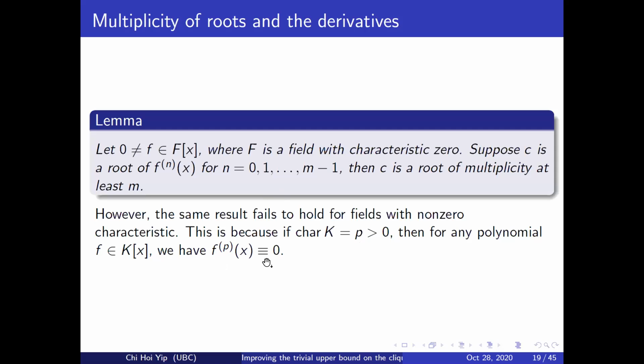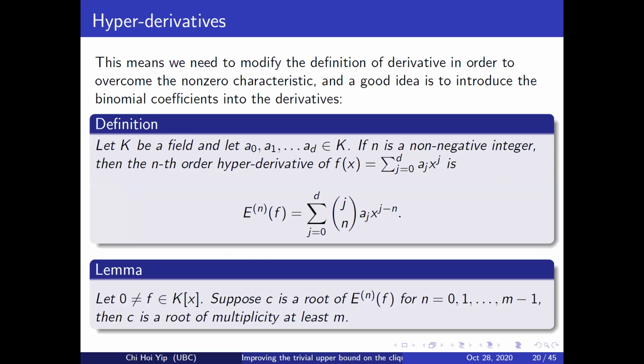So that's the issue. But this can be overcome by introducing a different type of derivative called hyperderivatives. I believe this is also called Hasse derivatives. The idea is that we need to introduce the binomial coefficient into the derivatives. With the help of that, we can overcome the non-zero characteristic.